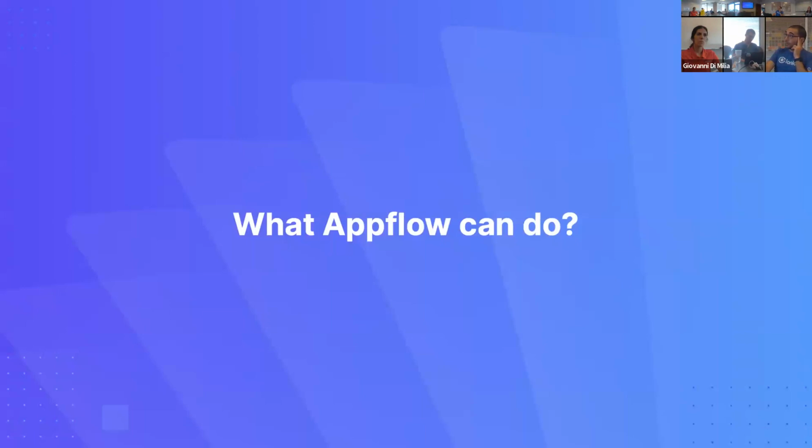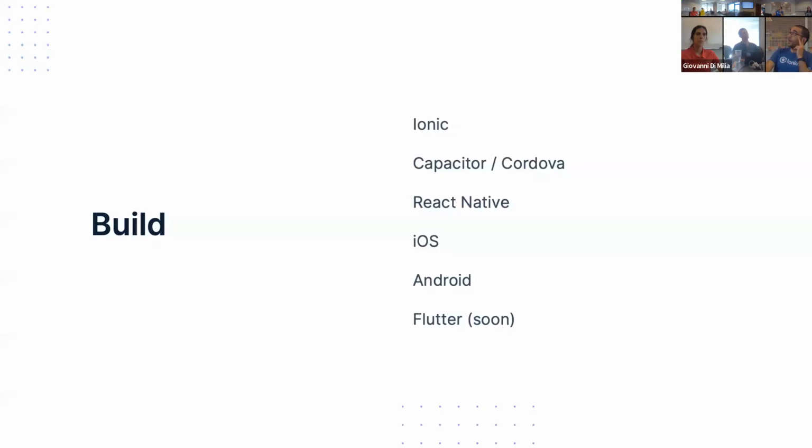So what can Appflow do to help your life? We can build most kinds of apps for mobile. We can, of course, build Ionic apps, so hybrid apps built on Ionic, but we can also build any kind of hybrid apps built with Capacitor or Cordova, and on top even pure JavaScript.